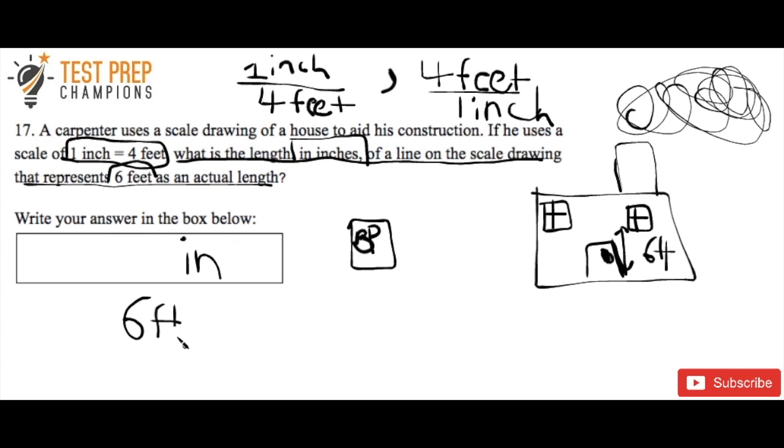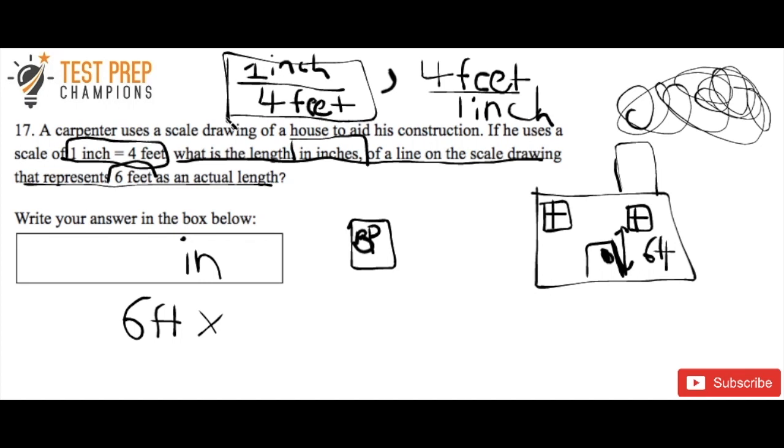Now what we want to do is multiply 6 feet by one of our conversion factors such that the feet cancel out and we get our answer in inches. So here's a quick mini question: which conversion factor should I pick? 1 inch over 4 feet or 4 feet over 1 inch? Well, since I'm starting with something in feet here, I want the conversion factor that has feet in the denominator.